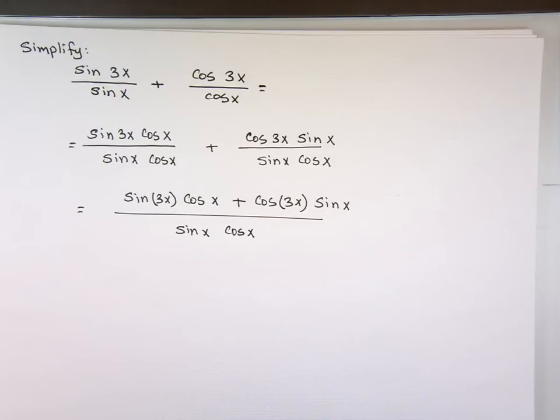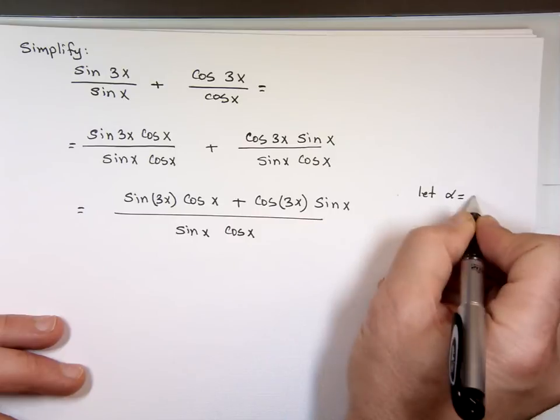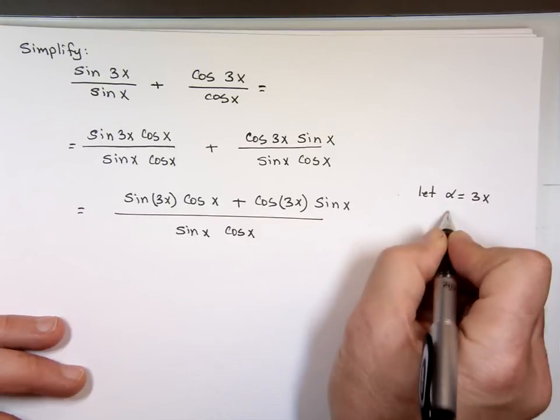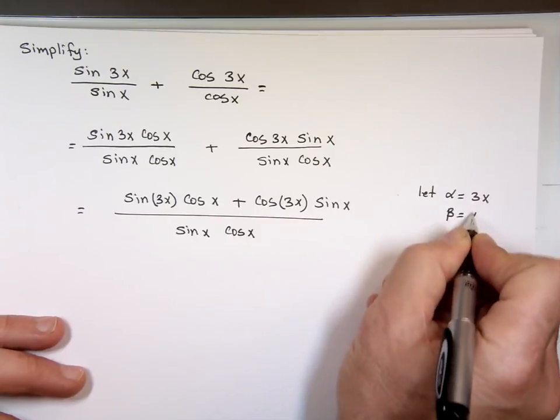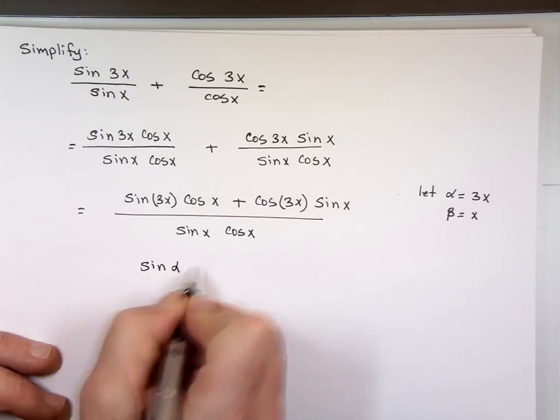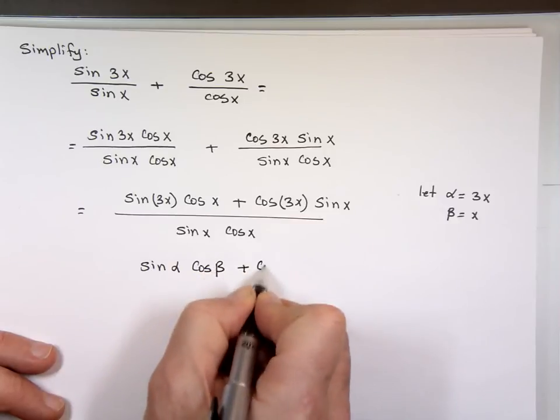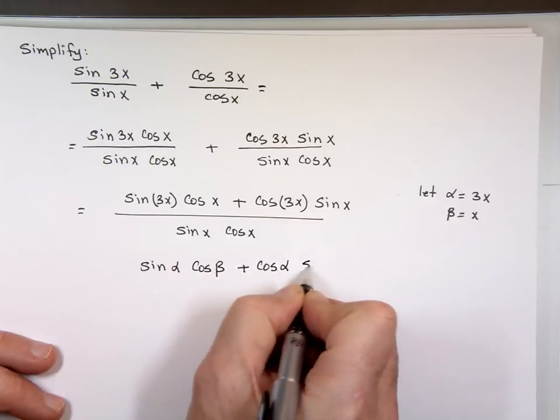We covered this topic in the last class, last video. We said if you let alpha equals 3x, beta equals x, you can write the top as sine alpha cosine beta plus cosine alpha sine beta.